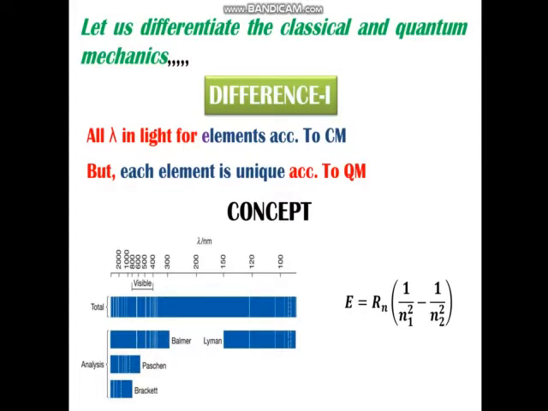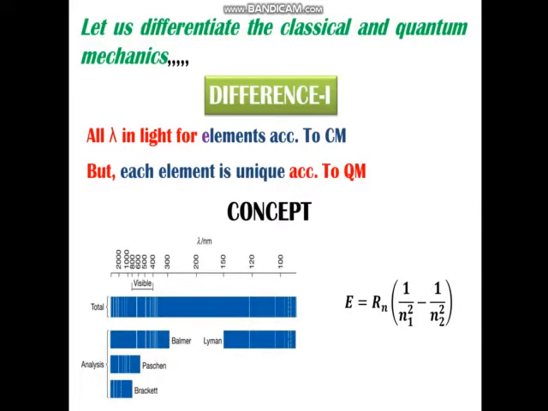For example, take the hydrogen spectrum. Even though a hydrogen molecule contains only hydrogen atoms, it gives several bands in the atomic spectrum like Lyman, Balmer, Paschen, Pfund, Brackett, etc. Why is it so?